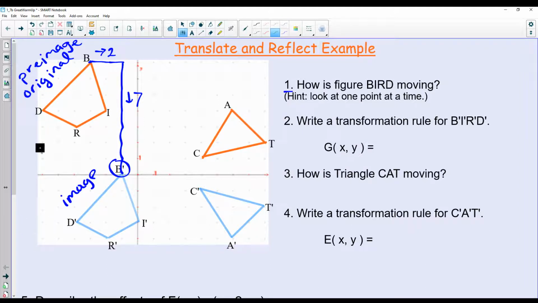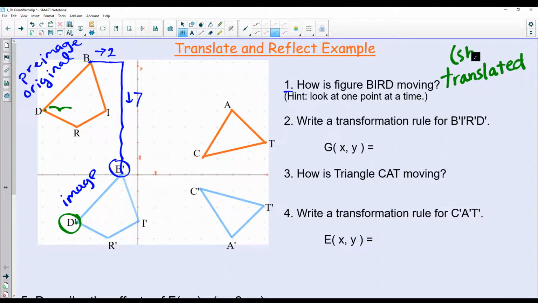Would that work for D? If I went 2 over and I went 1, 2, 3, 4, 5, 6, 7 down, I would land at my new D value. So that looks like the entire shape has been shifted to the right 2 and down 7. So that means it's a translation. So it was translated.